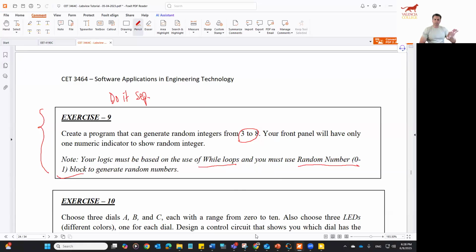Remember, this can be done in 2 or 3 different ways. But these are the 2 requirements of the program, that without while loop, this program should not work, and you should not use range block. Because range block is going to give you anyways between 3 and 8, you don't have to use while loop. But even without while loop, you can also use the random number generate block to generate a number between 3 and 8.